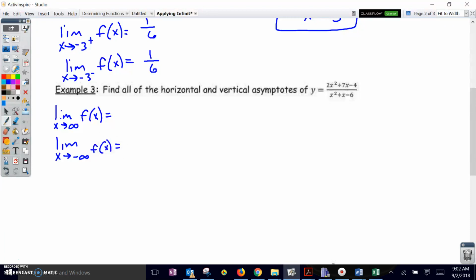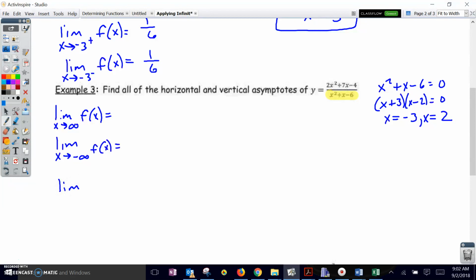And then for the vertical asymptotes, we need to identify the candidates. So we're going to figure out where x squared plus x minus 6 is equal to 0. That factors as x plus 3 times x minus 2. And so our candidates are x equals negative 3 and x equals 2. And so we're going to look at the right and left hand limits for both of those.